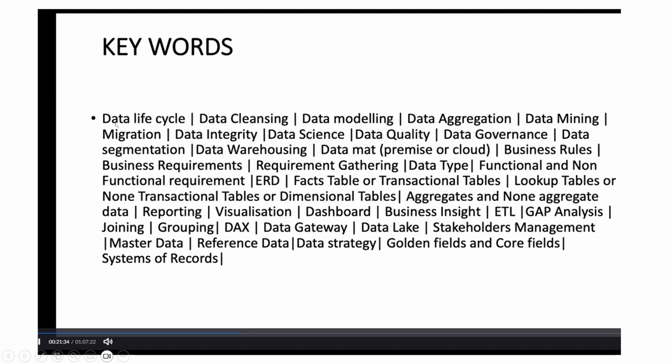So the first one there, data life cycle. Life cycle, just like any other life cycle. What stages does data pass through, from the time that it is created or generated, all through the different processes that it could go through?